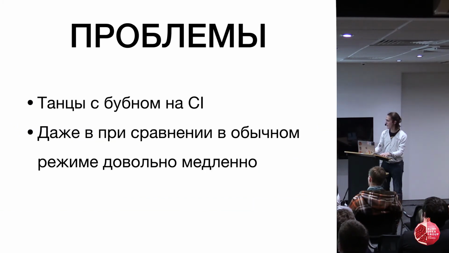What problems are there? There might be launching problems such as CI, because if you are using fonts but not using Docker, it will be hard to launch it in CI. Secondly, even when comparing following the first algorithm, the fastest one, it's still going to go very slowly.